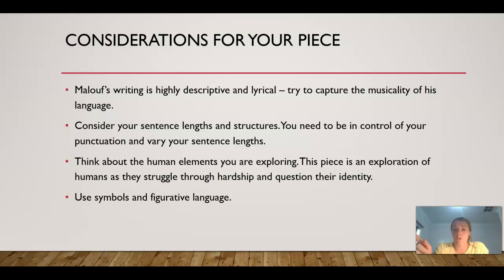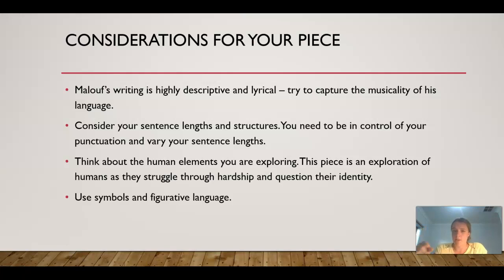That's where you need to use that sensory language so that I can really empathize with your character. And use symbols and figurative language. So figurative language: similes, personification, metaphors, the sensory language, all of those are really important.